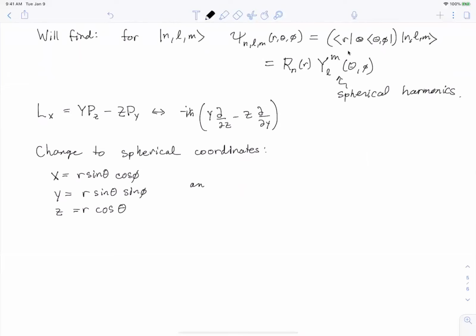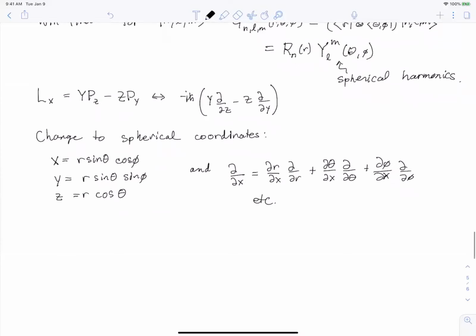Okay, and then we're going to need derivatives, things like partial x is partial r over partial x times partial r. Basically, we're using the chain rule here. Okay, etc. for y and z also.